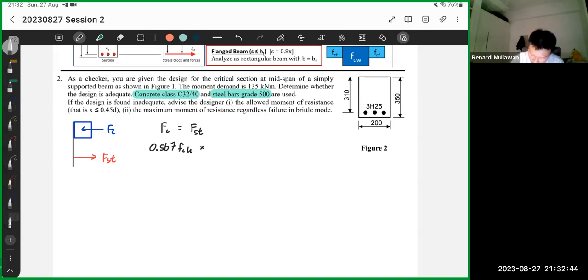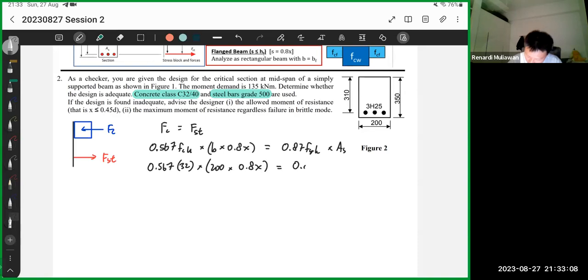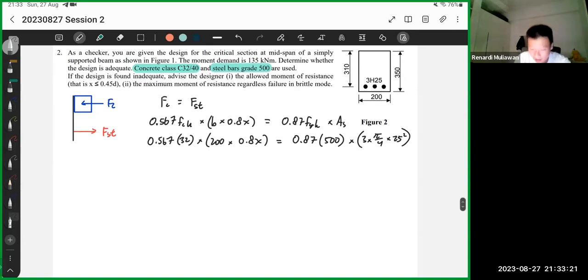So that's V times 0.8 X. That's equals to FST, which is 0.87 FYK, that's the stress times the area of steel. So 0.567, FCK is 32. V is 200. 0.8 X. Then we have 0.87, steel 500. Then 3 times pi over 4, 25 squared. Then use your calculator.